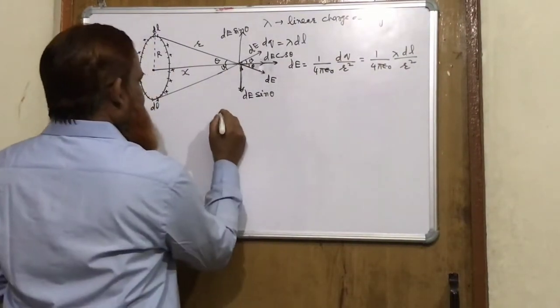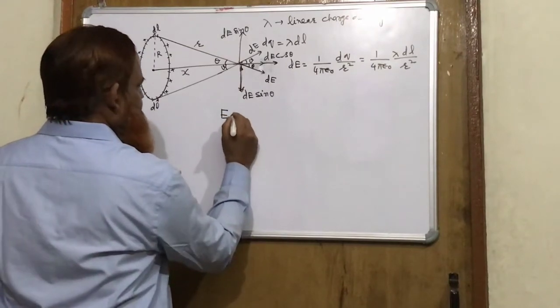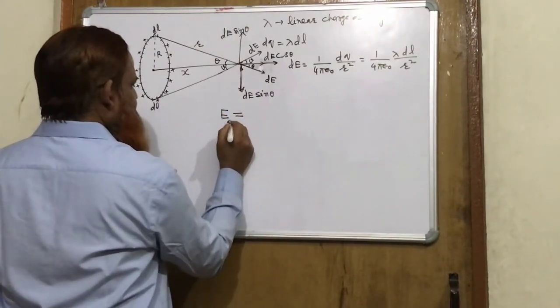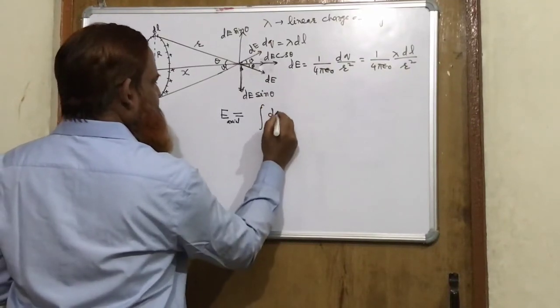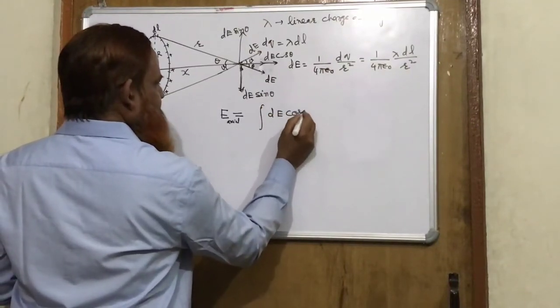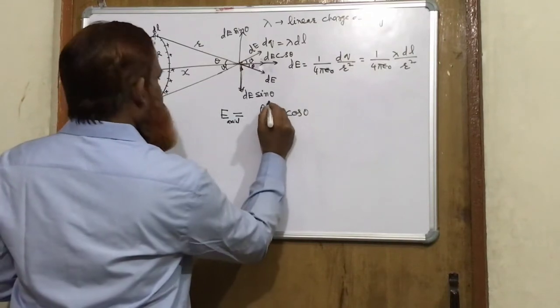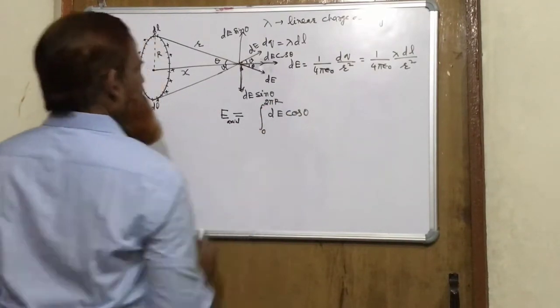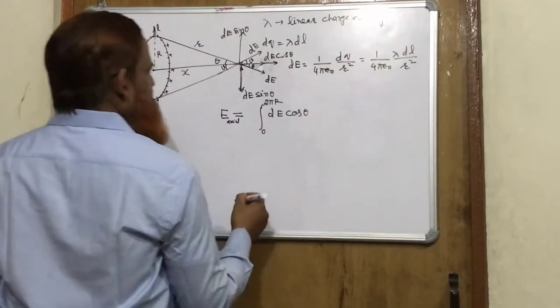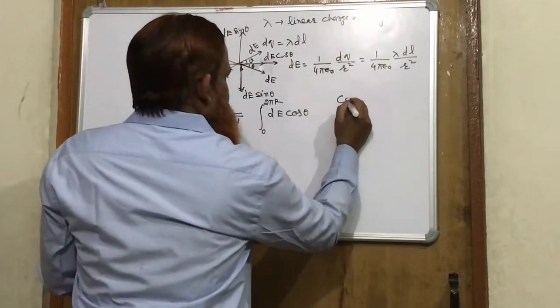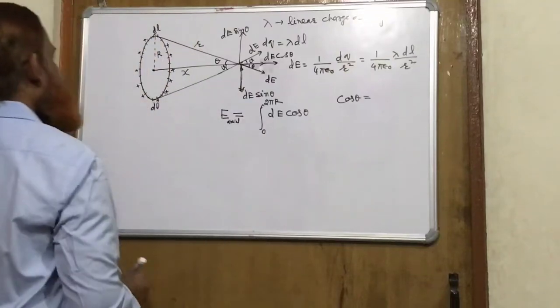So the total electric field on the axial line will be the integral of dE cos theta from 0 to 2 pi r. So what is cos theta? We will find the value of cos theta.